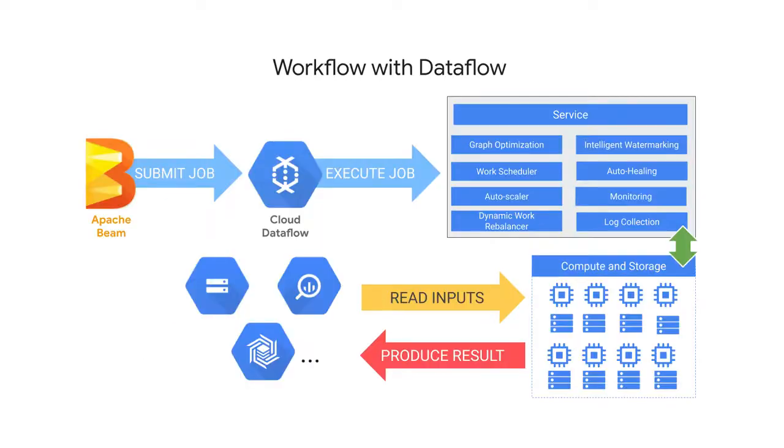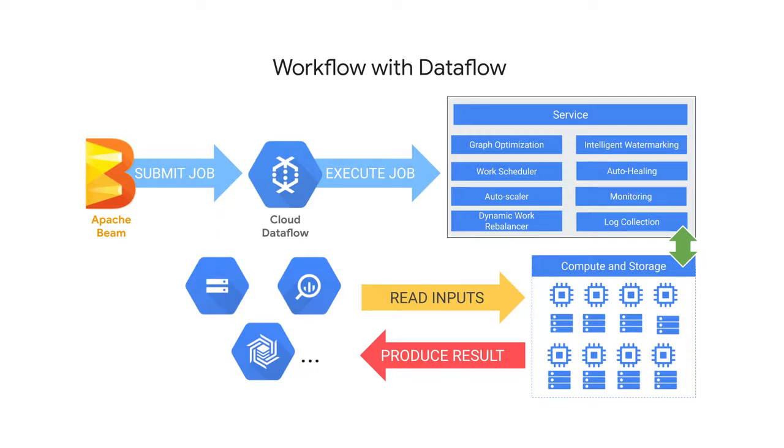So, what does Cloud Dataflow do with the job? Once it receives it, the Cloud Dataflow service optimizes the execution graph of your model to remove inefficiencies. It schedules out work in a distributed fashion to new workers and scales as needed. It will auto-heal in the event of faults with those workers.